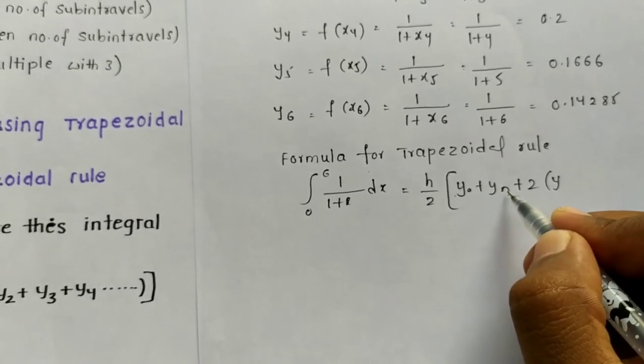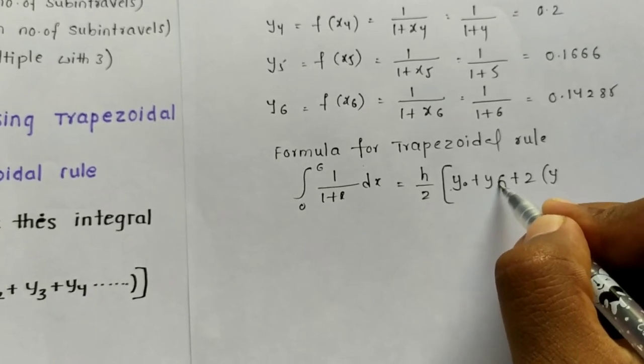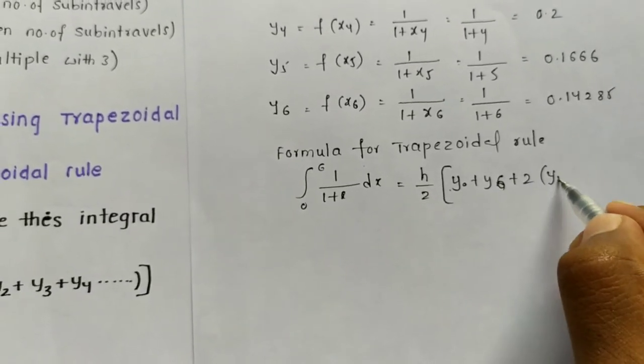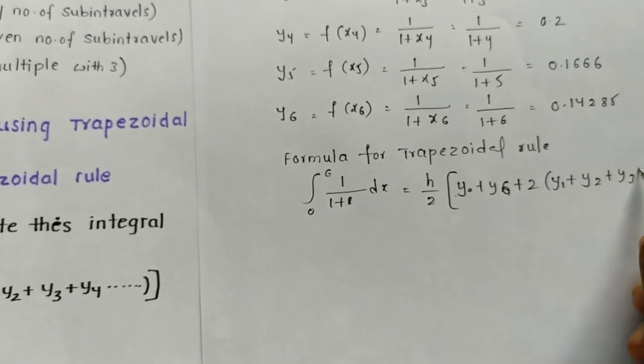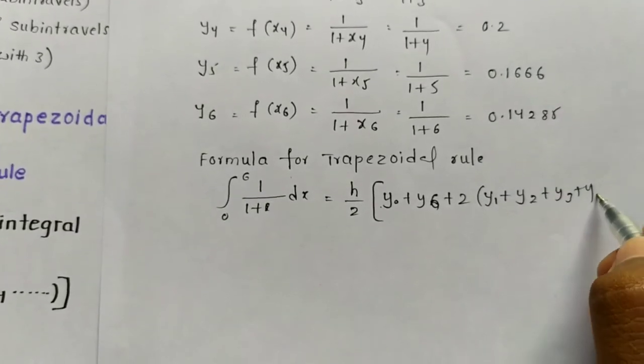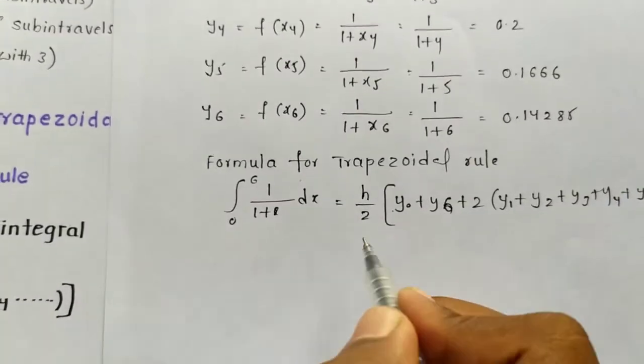Here the yn value is y6, and between these subintervals are y1 plus y2 plus y3 plus y4 plus y5. Substitute all these values in the given formula.